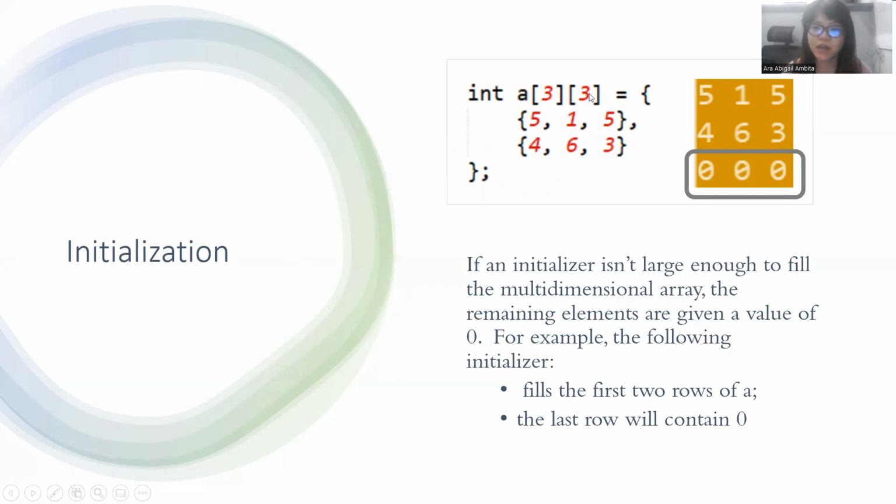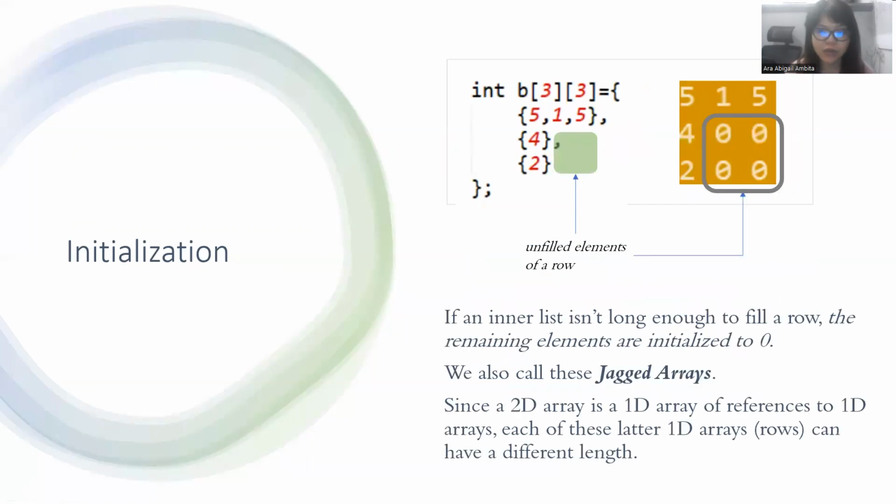But we know that we have 3 rows, right? But we did not specify any value for the third row. So what your compiler does is fill in the remaining elements with 0.